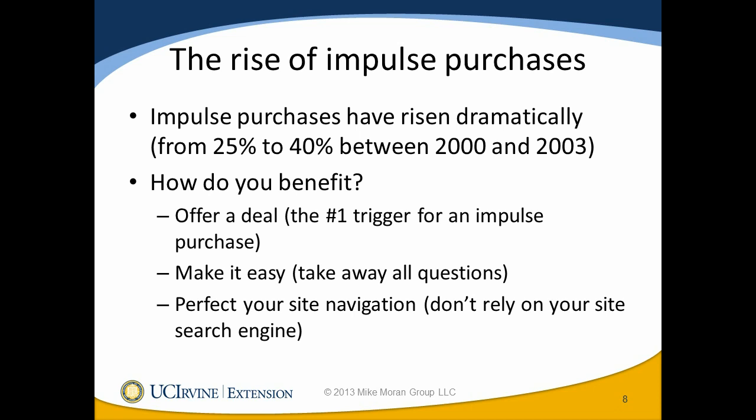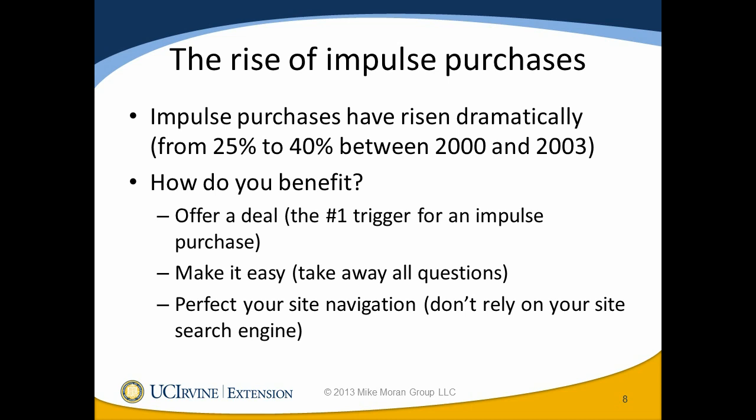The other thing that happens online is that there are far more impulse purchases than there were in the past. And it makes sense if you think about it. For you to get up off the couch, get in the car, drive to the store, and then buy something, it's hard to really say that that was an impulse.